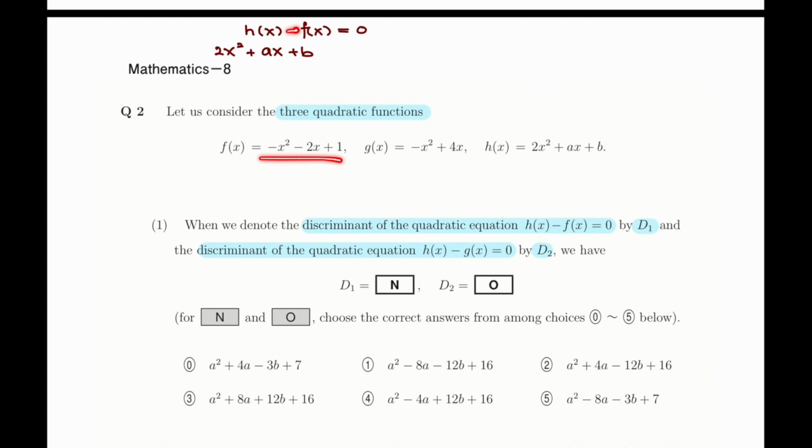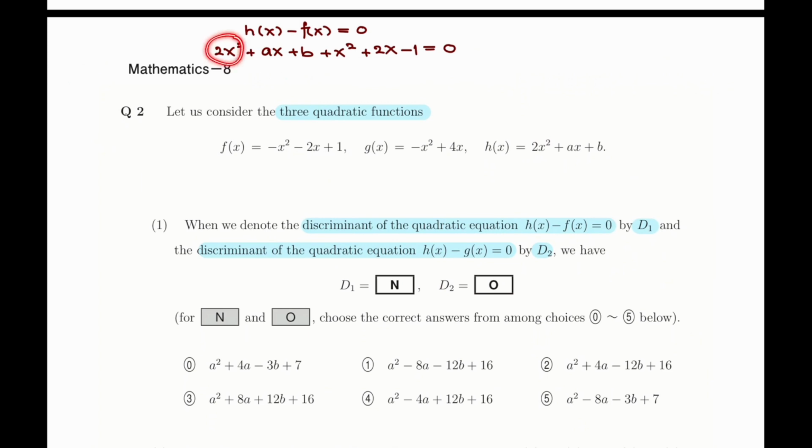Don't forget, you need to distribute the negative sign here, or you can write a negative bracket first. But if I directly distribute the negative sign, then I will get plus x squared plus 2x minus 1 equals 0. And then I can rearrange or simplify this expression.